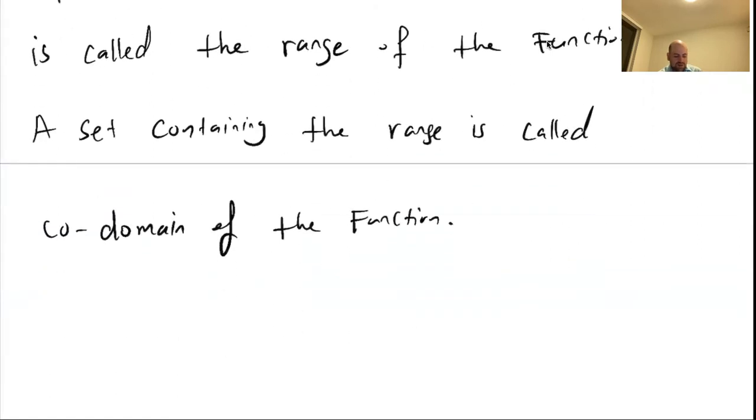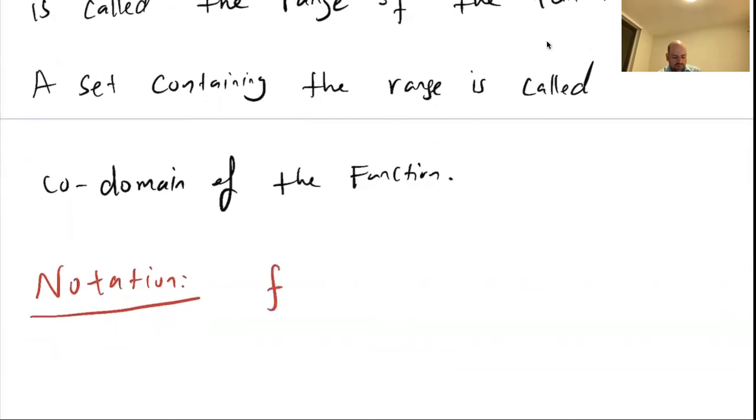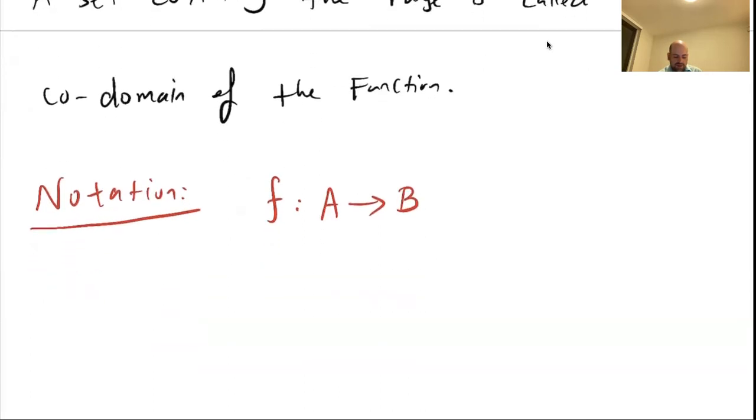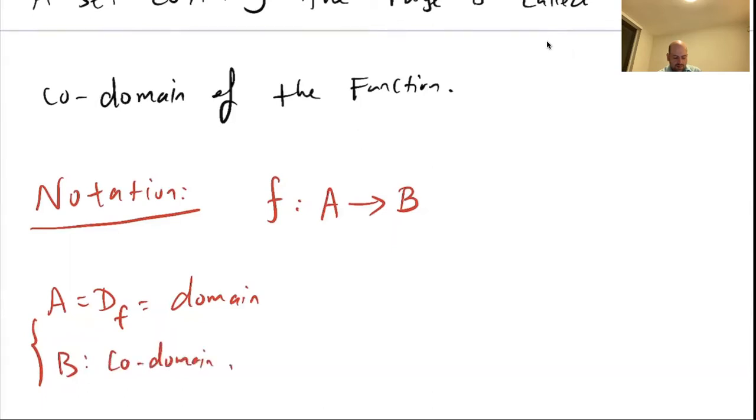So the notation that we normally use is, we can say f from A to B, and here A is assumed to be the domain, and B is the codomain. So codomain means what? Means a set containing the range.